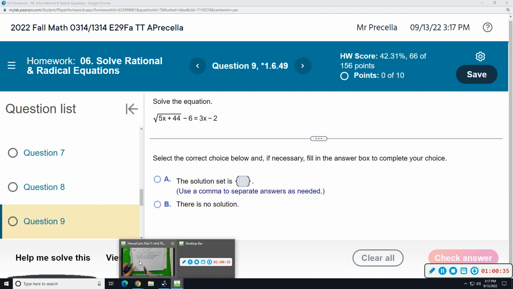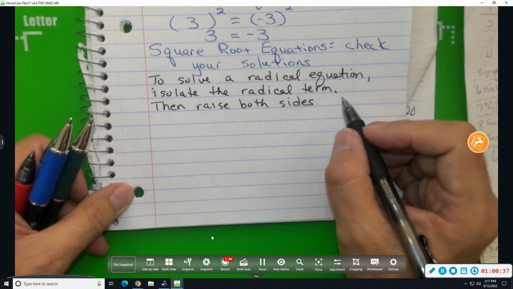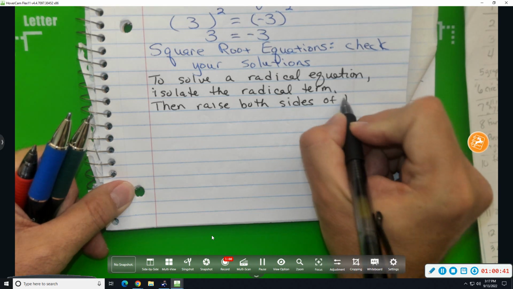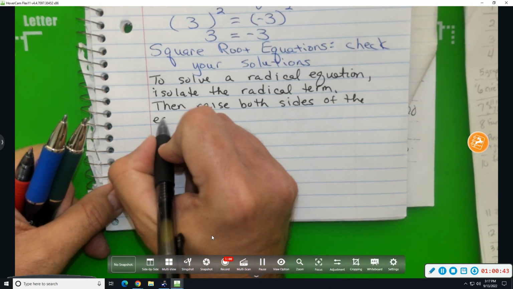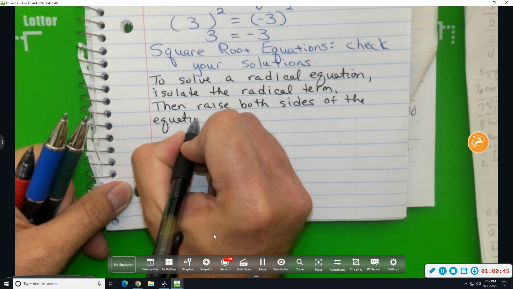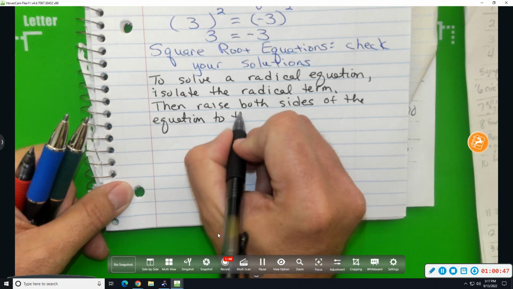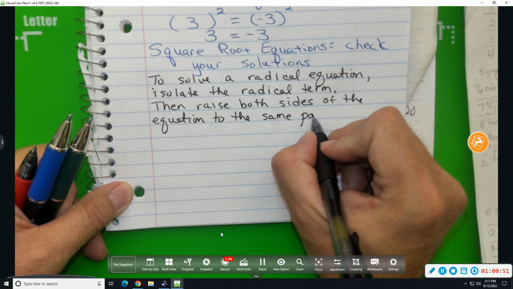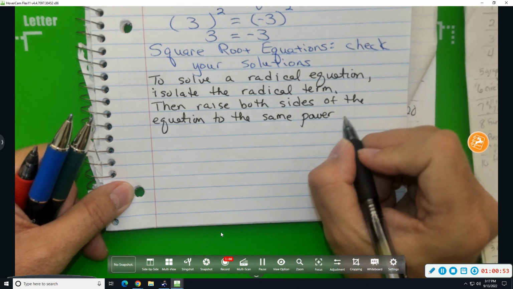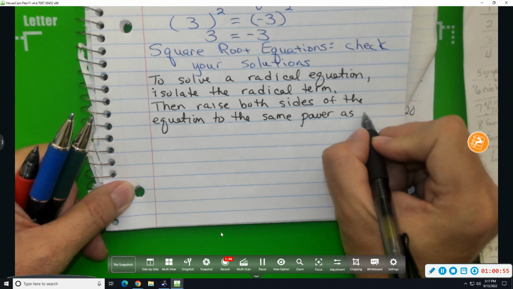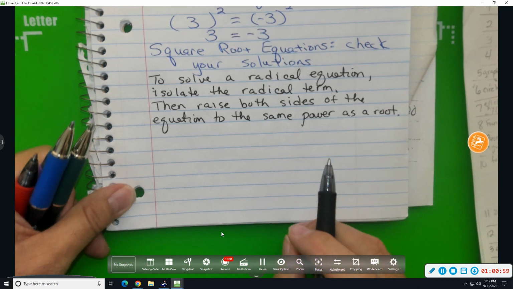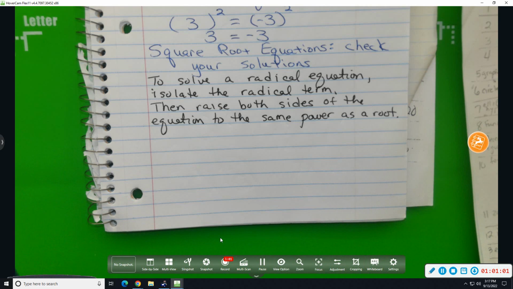Okay, so going back to your sentence there. Then raise both sides of the equation to the same power as the root. So if it's a square root, you square both sides. If it's a cube root, you cube both sides. I prefer cube roots.